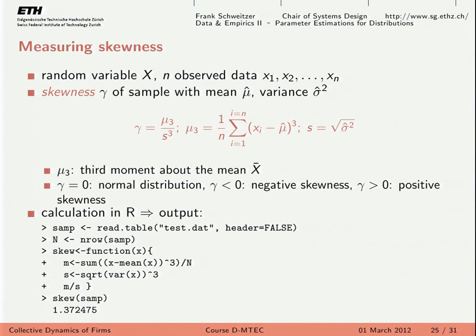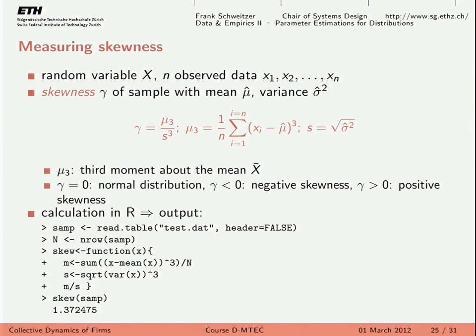So there is the m, which we call mu3 here. It is simply the sum over x minus mu to the power of 3 divided by n, and the sigma as the square root and the third power of the variance. And then we calculate this.